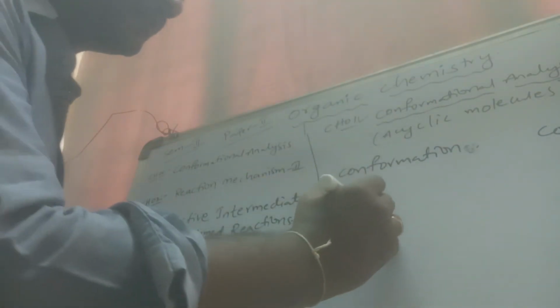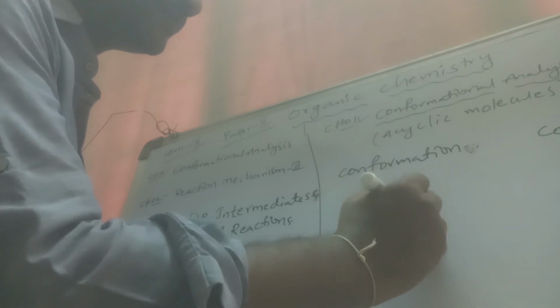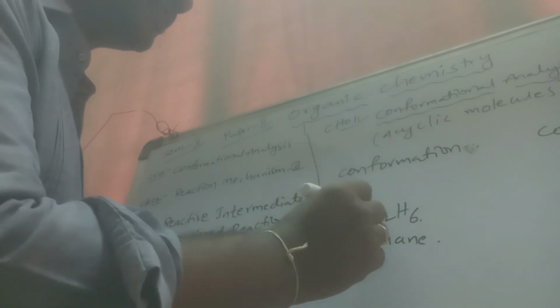First of all, if we take a formula like C2H6, it is called ethane. Ethane is a general molecular formula C2H6. It can be written as a configuration as well as a conformation.